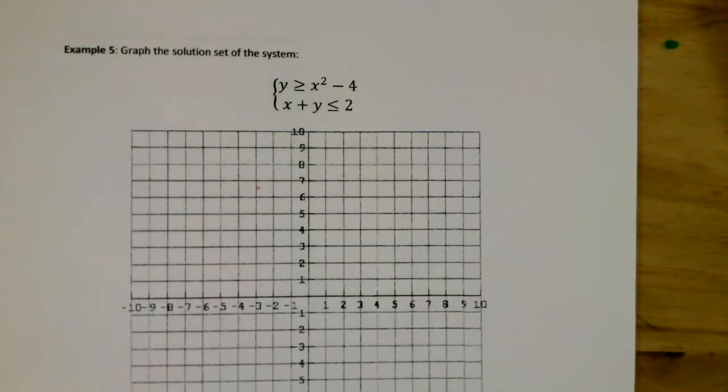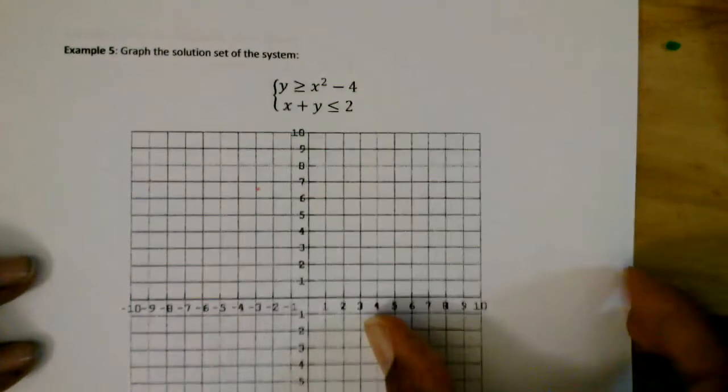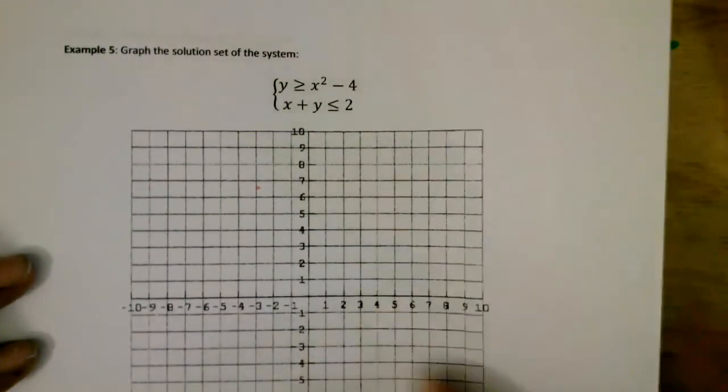Okay, here's another example. Let's say I want to graph the solution set of the system y is greater than or equal to x squared minus 4 and x plus y is less than or equal to 2. Okay.